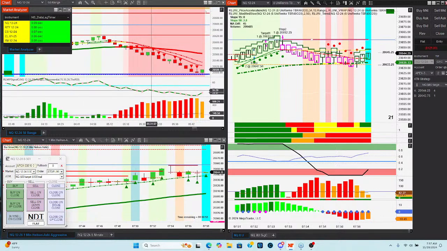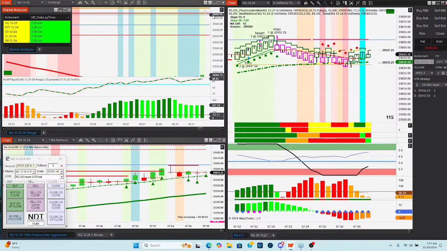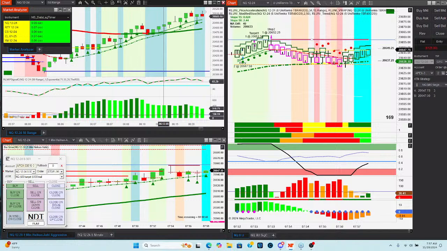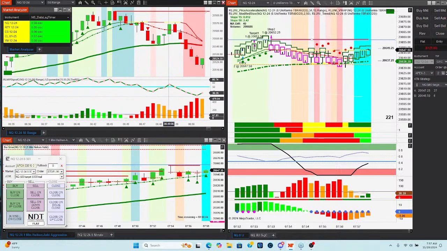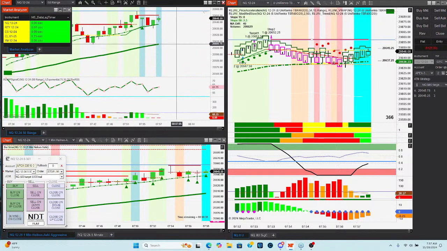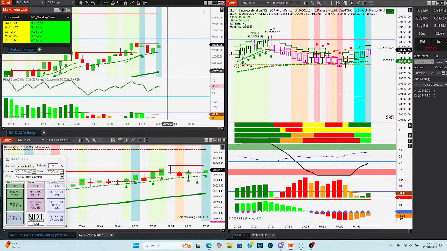You started getting some nice little bounces here, and then the market opened, and even this one, not as bad. This is fairly clean, and now we're just in a mess. Let's see if we can get another trade here.